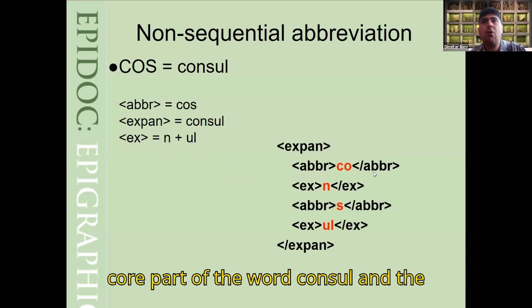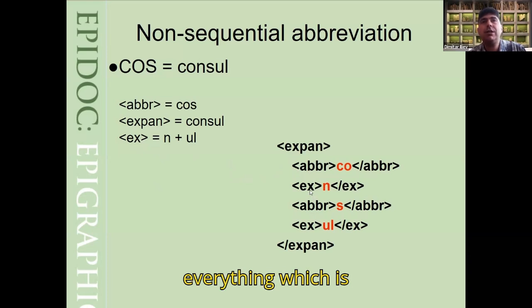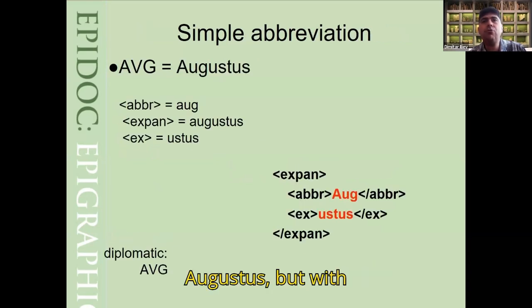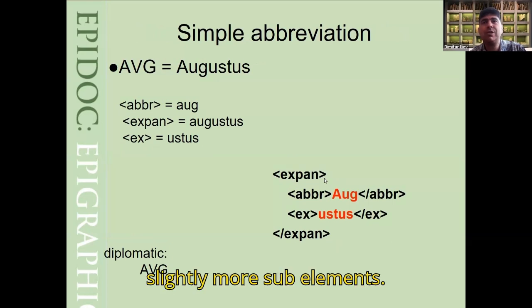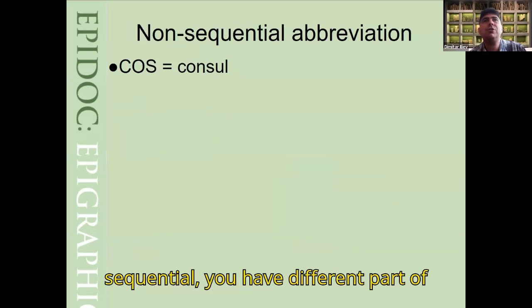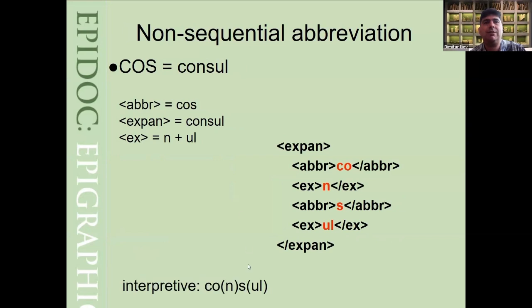So the co part of the word consul and the s part of the word consul, and everything which is actually an expansion of this abbreviation, you put into the X. Just as in the case with the simple abbreviation Augustus, but with slightly more sub-elements, because your abbreviation is non-sequential, you have different parts of the words that you want to expand.